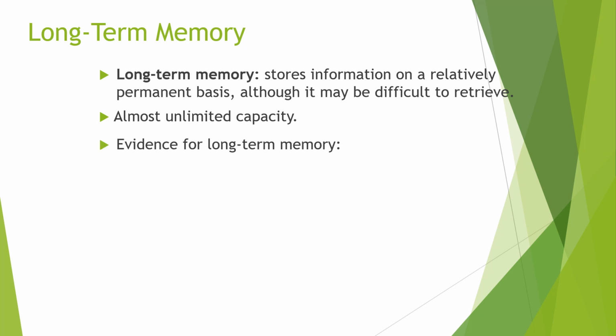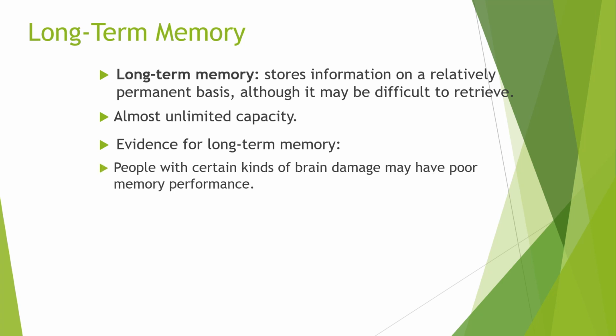So researchers have come up with various types of evidence that we have for long-term memory. People with certain kinds of brain damage may have poor memory performance, but that could come back to them at a later point in time.